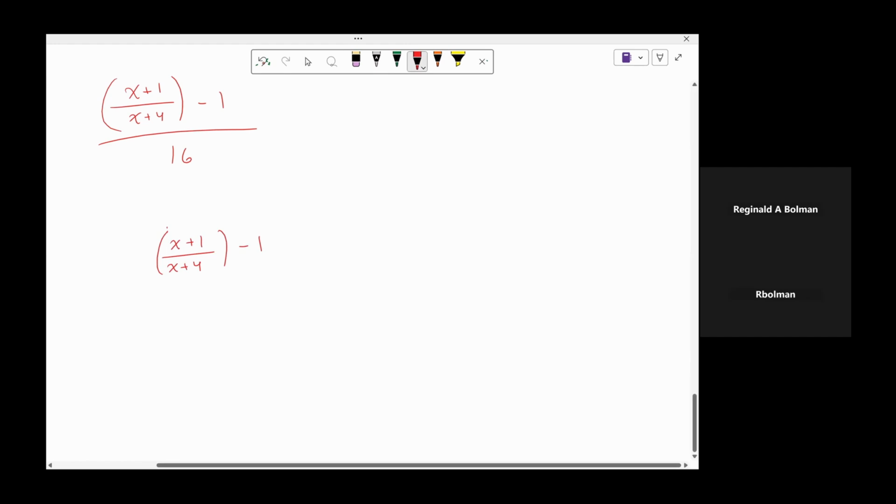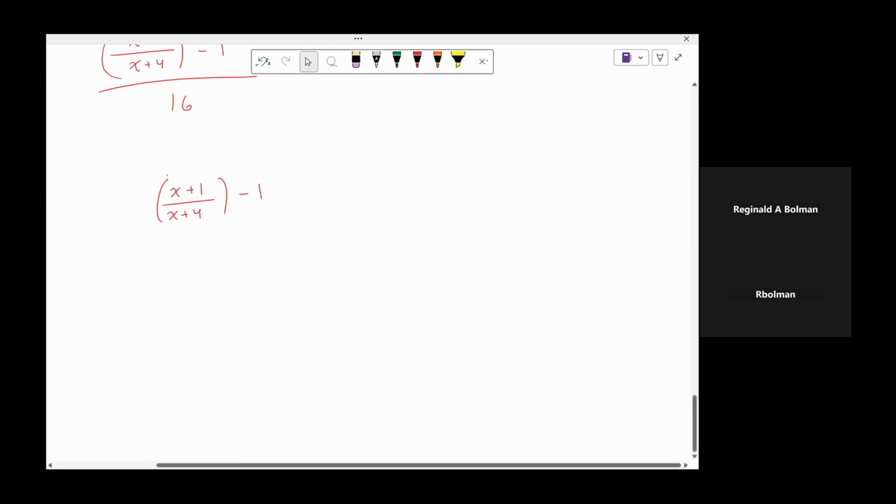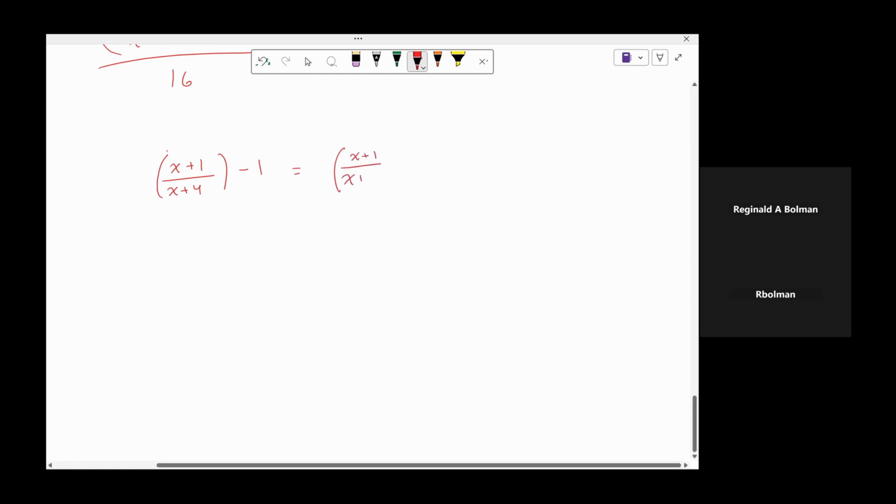And what we're going to try to figure out is how can I add (x plus 1) over (x plus 4) with the 1 term. It's going to be a little bit tricky. Note that negative 1 is the same thing as negative 1 over 1. So you could, of course, try to change 1 into a rational number, so you should have 1 over 1.